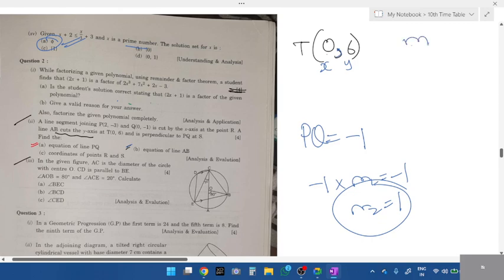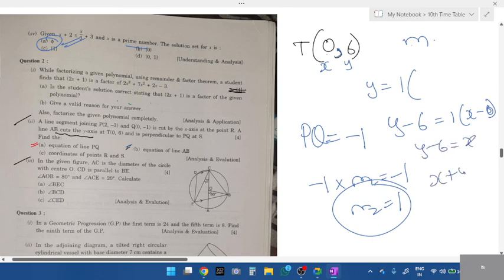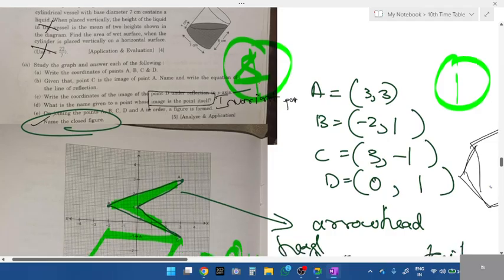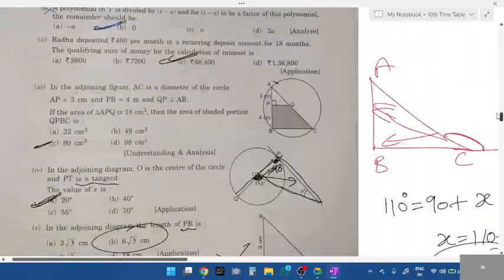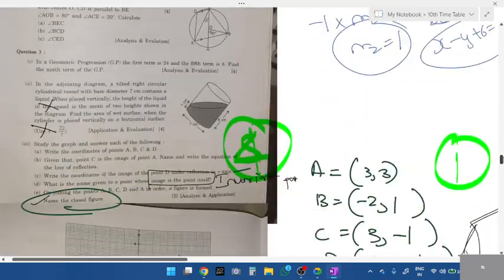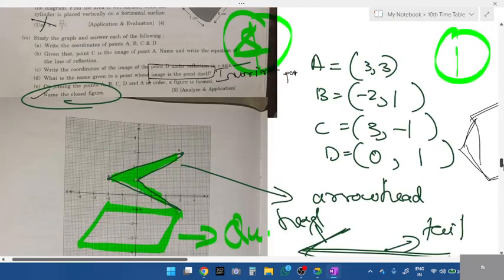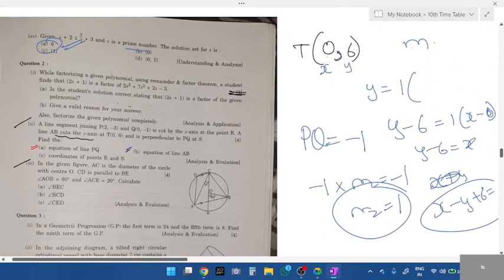So you have one point and one slope M. The equation is y equals 1... x plus y is equal to 0.